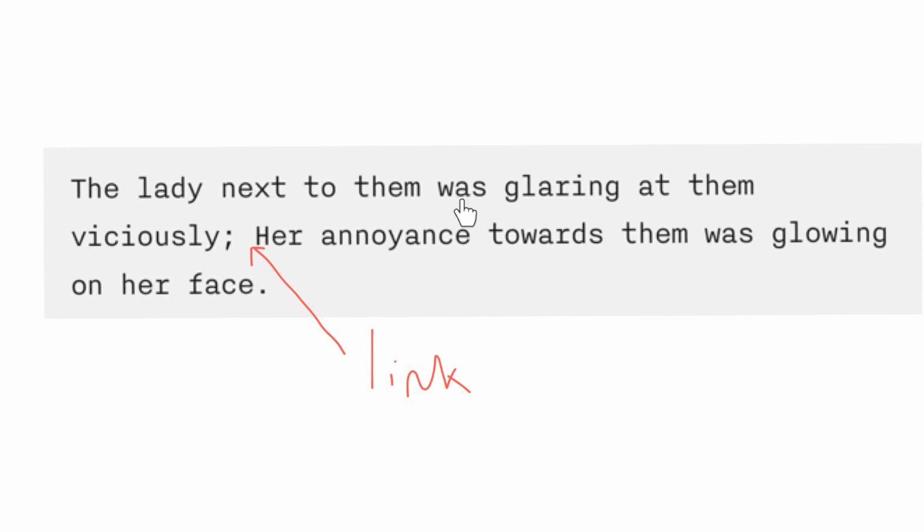The lady next to them was glaring at them viciously; her annoyance towards them was glowing on her face. And the semicolon acts as a "because", and it kind of makes you relate backwards. So her annoyance towards them was glowing on her face because she was sat next to them glaring at them viciously. So that works really well.